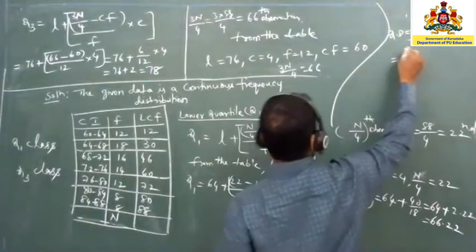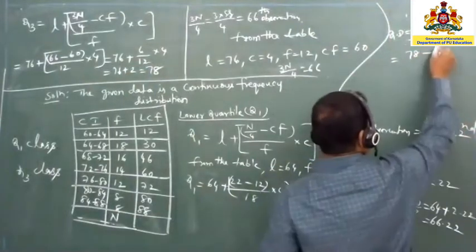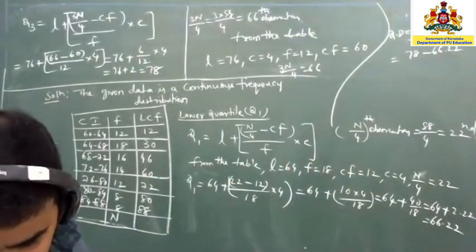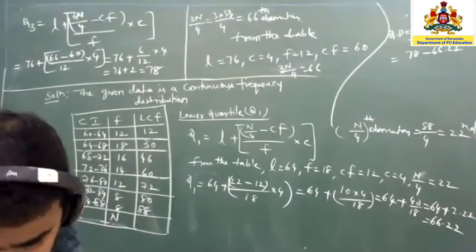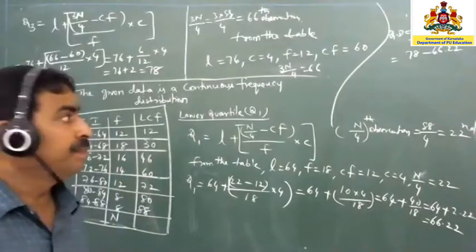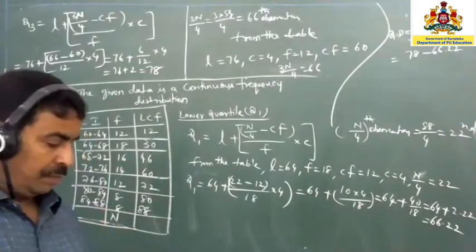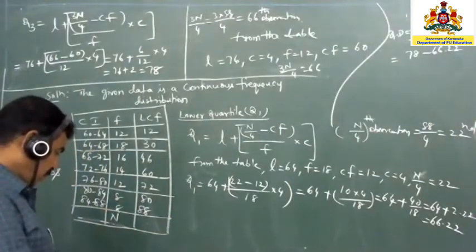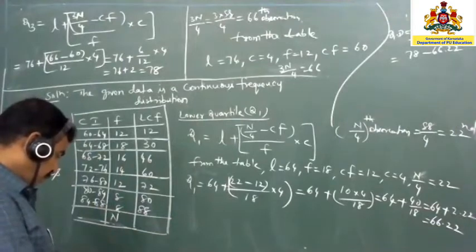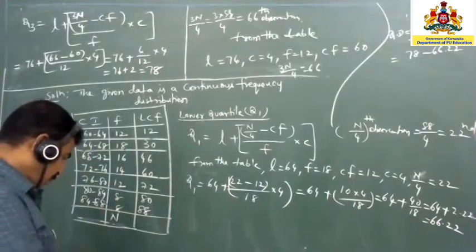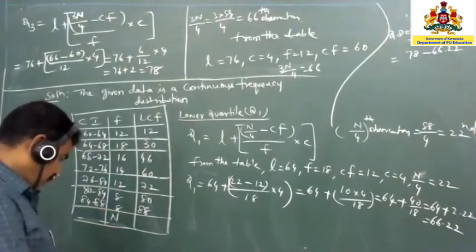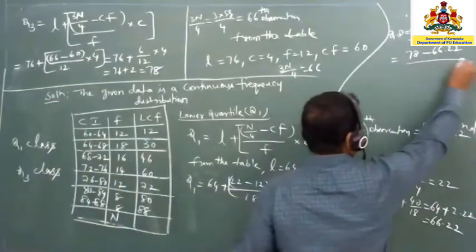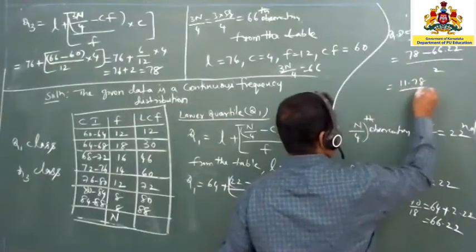Q3 is 78 minus 66.22, which is 11.78, by 2.